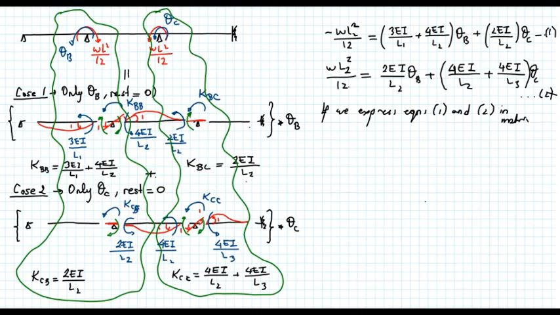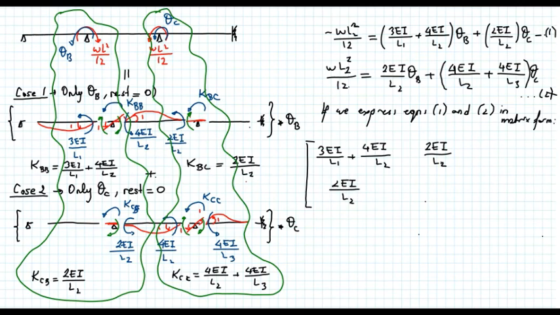This is what we get. So here I have 3EI over L1 plus 4EI over L2, 2EI over L2, 2EI over L2, and 4EI over L2 plus 4EI over L3.